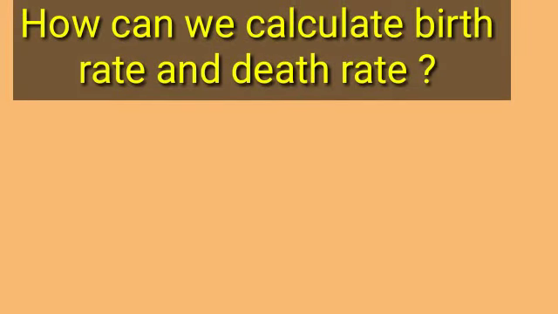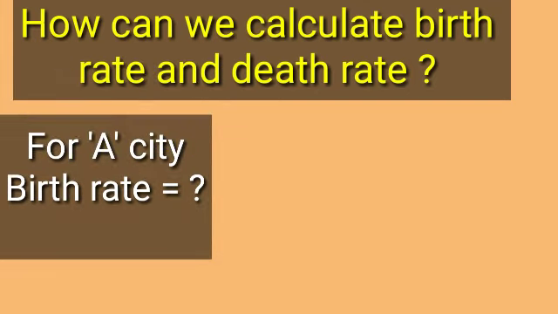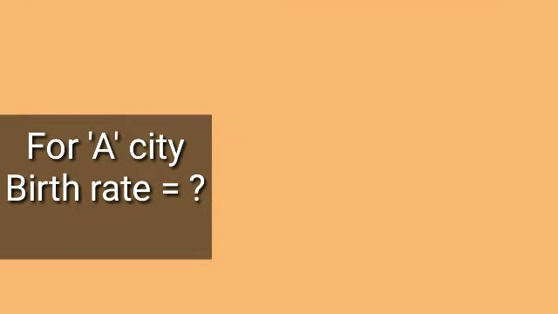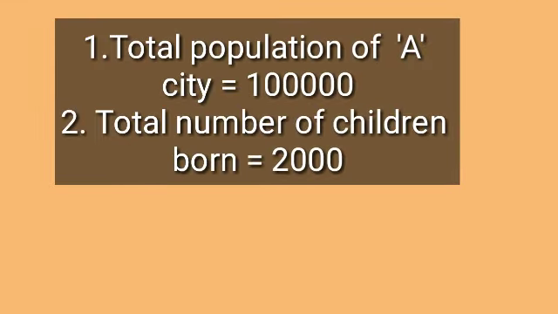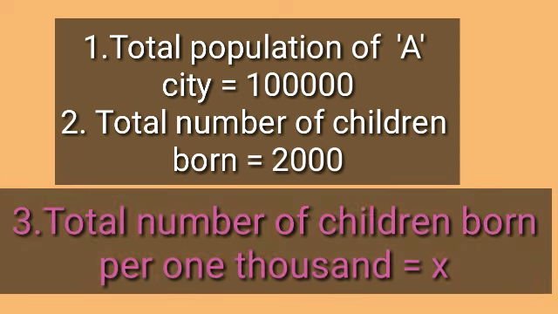How can we calculate birth rate and death rate? Let us try to find out birth rate of A city. Total population of A city is equal to 1 lakh. Total number of children born in 1 year is equal to 2000.